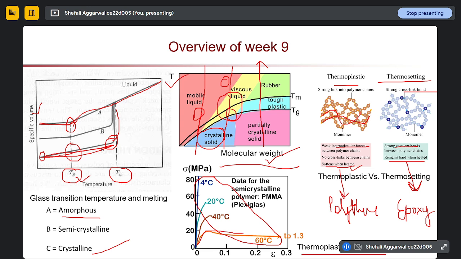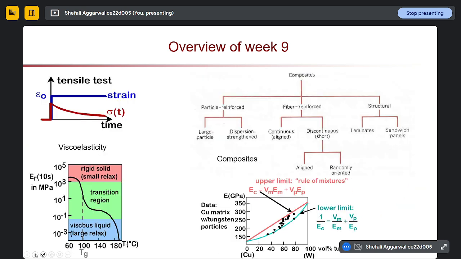However, at lower temperature, if you take a rubber band and keep it in a freezer, at a very low temperature, let's say -2 degrees Celsius, and you stretch it, it will just break down. It will have a brittle behavior. In normal temperature, you will be able to stretch it to a longer extent. You can understand that example from this graph. At higher temperature, it has more elasticity, and at lower temperature, it has a more brittle nature. So that is about the thermoplastic behavior of your materials.